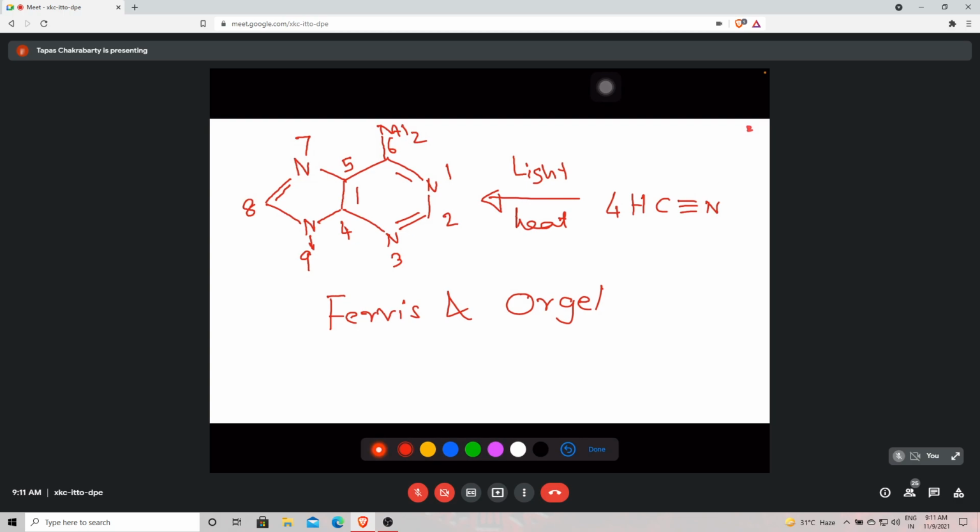You already know what malic acid is. Diaminomalononitrile is basically a C double bond C, with a cyanide group here, a cyanide group here, and then amines, NH2 and NH2.